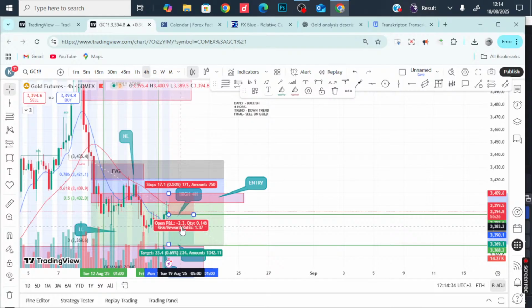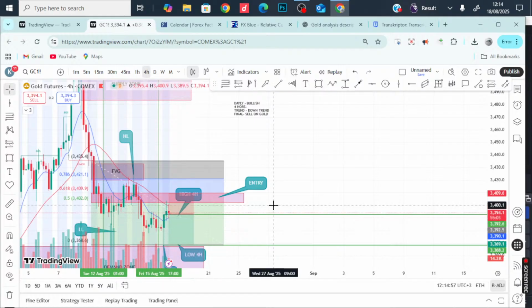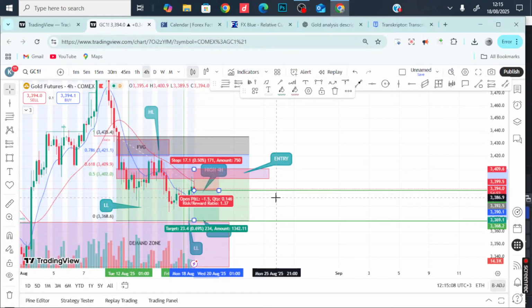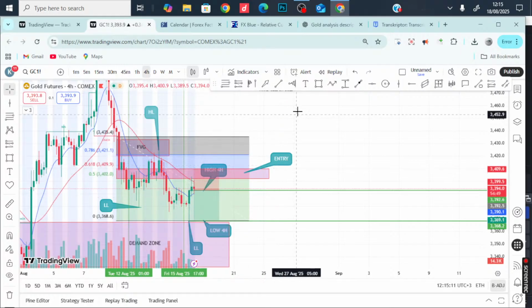Then the entry is at 3394. Then TP is at 3369. So like a risk ratio of 1:3. Risk ratio of 1:3, which should be okay.